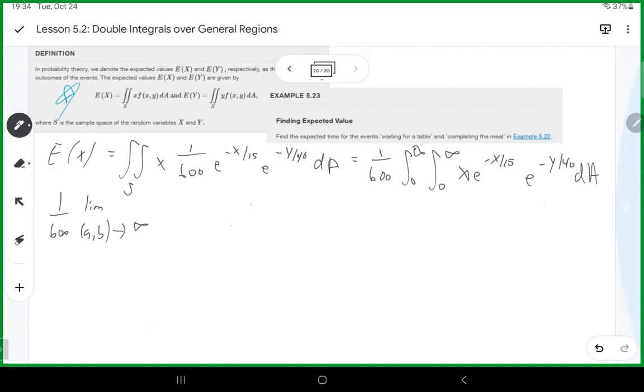Okay, so then we're going to split this. And I do recommend you try to do the expected value of y on your own.